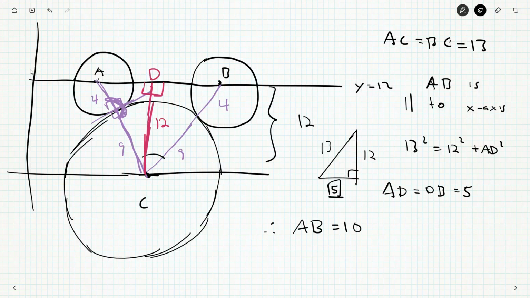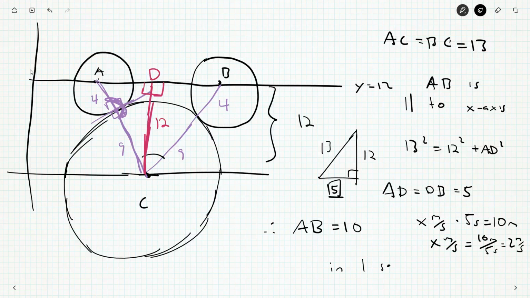So the bug goes at speed x meters per second, and in 5 seconds we get 10 meters, let's say. Well, then the speed of the bug is 10 meters over 5 seconds. This is 2 meters per second.